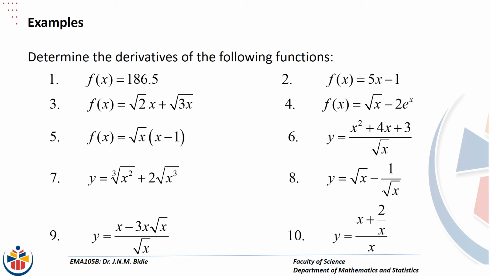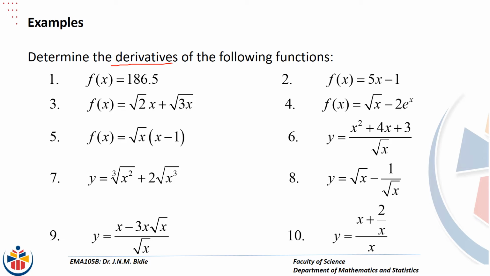Number 1, the derivative of f of x. Note that that's a constant. The answer f prime of x would be equal to 0. That's obvious. Also, number 2, f of x is equal to 5x minus 1. So we spread the derivative inside, so we're differentiating 5x and we're differentiating 1.